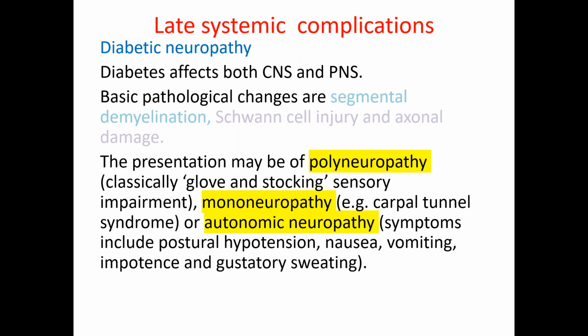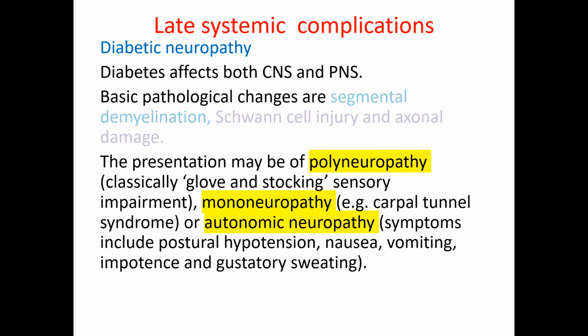Diabetic neuropathy affects both the central nervous system and peripheral nervous system, and the pathological changes are in the form of segmental demyelination, Schwann cell injury, and axonal damage.